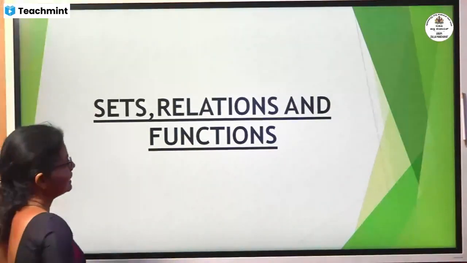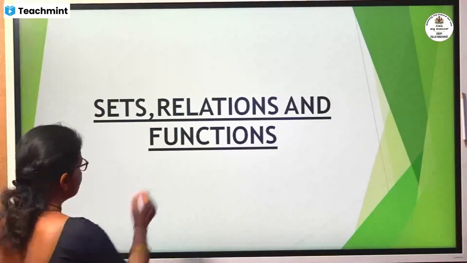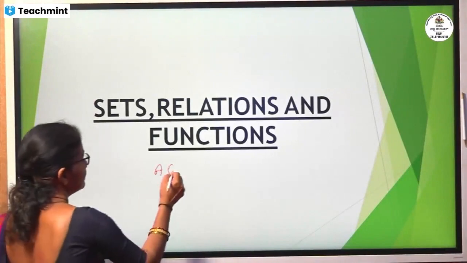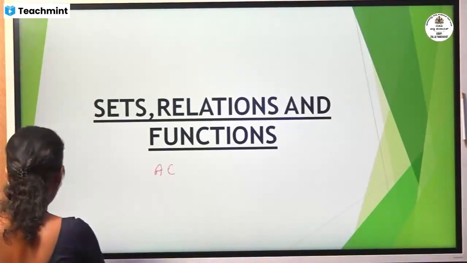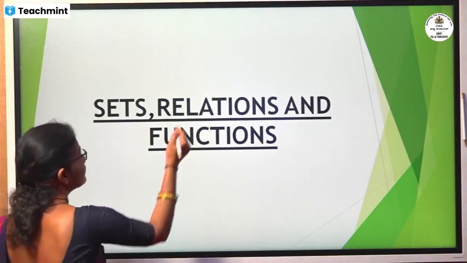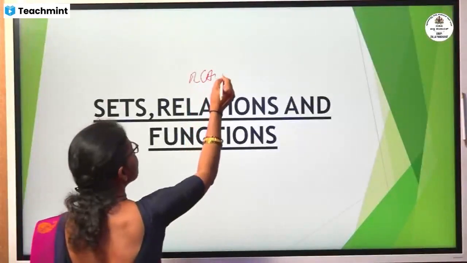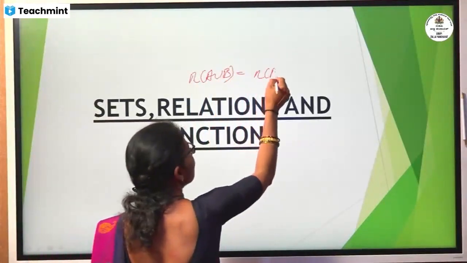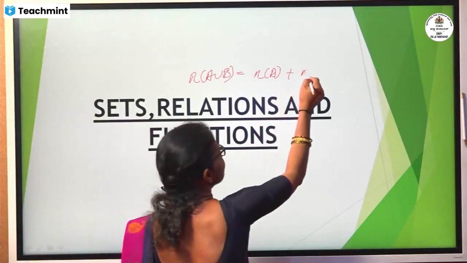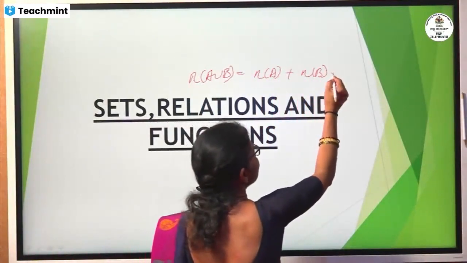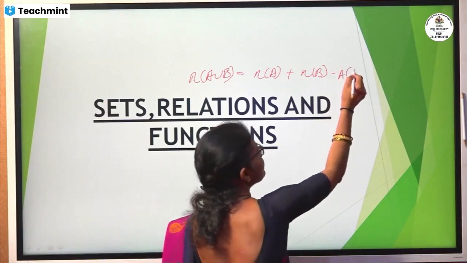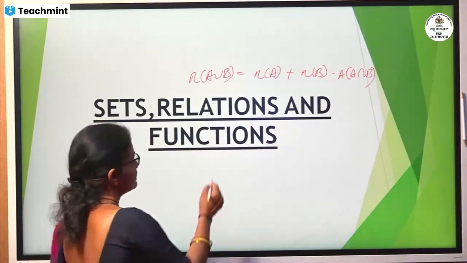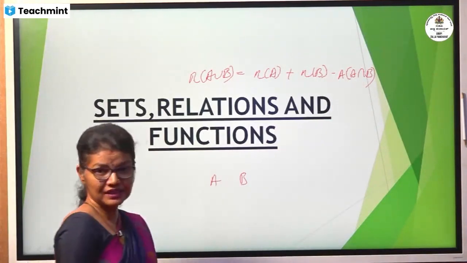Next we'll consider two formulas related to the cardinal number of the set. That is, n of A union B is equal to n of A plus n of B minus n of A intersection B. Suppose sets A and B are disjoint sets.